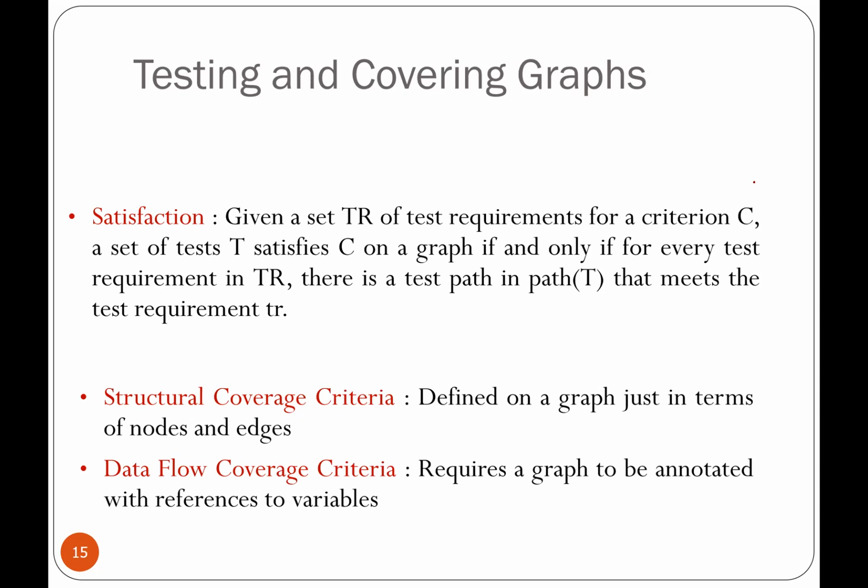Now, data flow coverage is a little bit more. In data flow coverage, yes, we're using the same graph, but what we're really caring about is how the data is flowing from one node to another, from when it got defined until the point it got used.